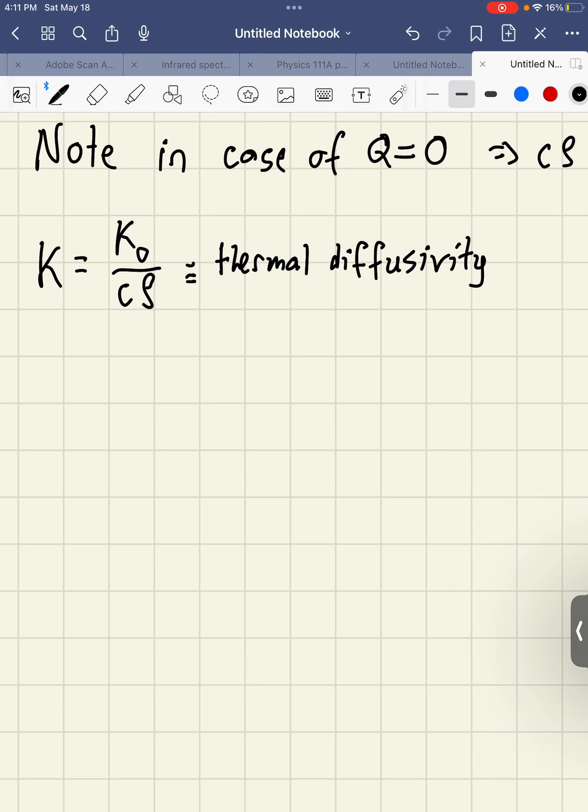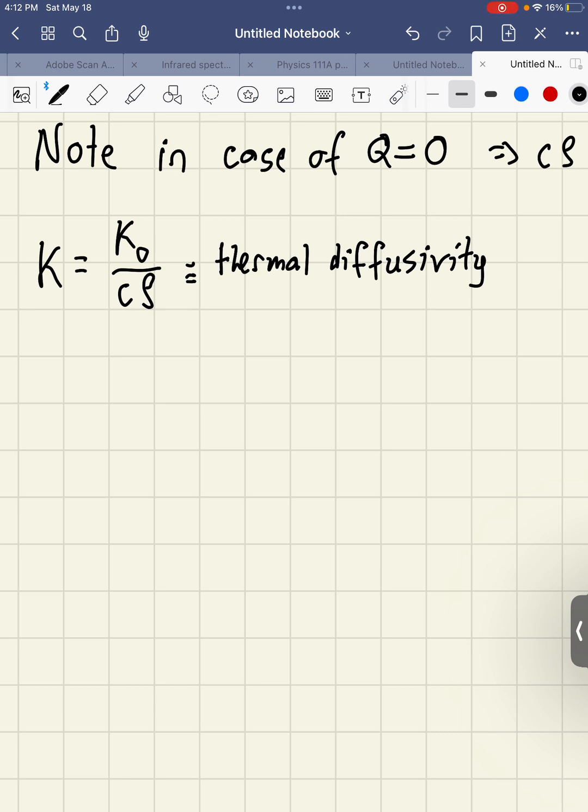If you remember from biology or chemistry, diffusion is just going from a high concentration to a low concentration. So the heat energy that's initially concentrated in one place is then distributed, or diffuses, to become a lower concentration.